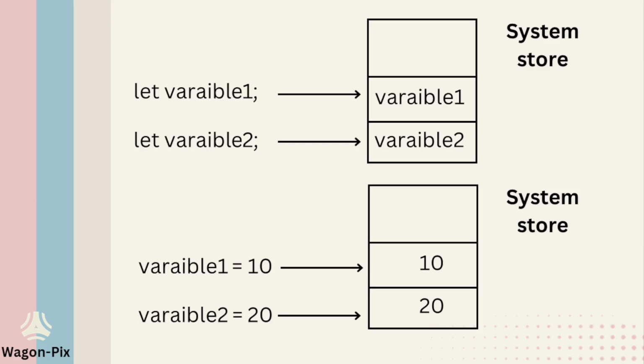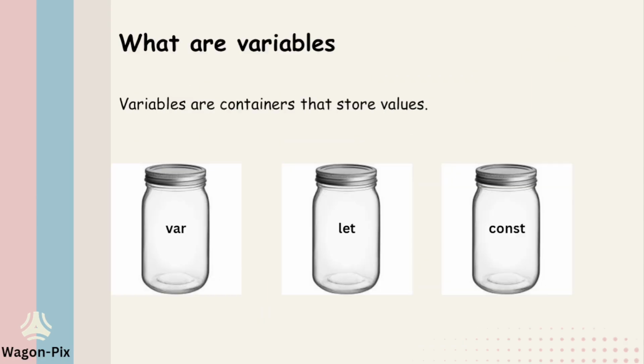You might be having this question: we have seen there are three different types of variables, var, let and const. What is the difference between these variables? For the time being, I just want you to not go into the depth, because there are many other topics involved in this, like scope of these variables and reassignment.